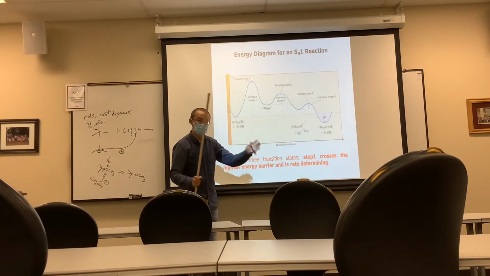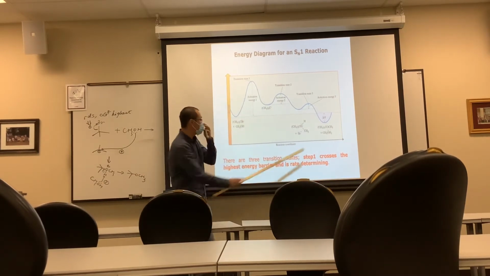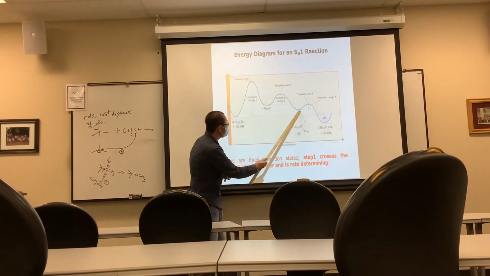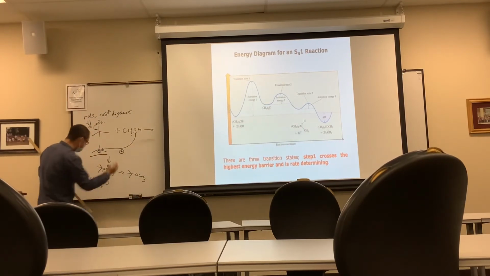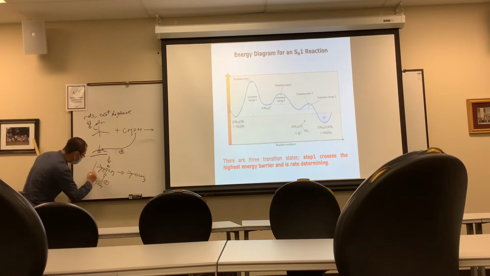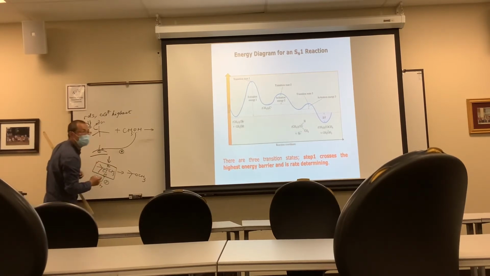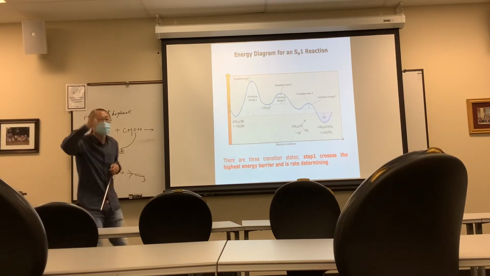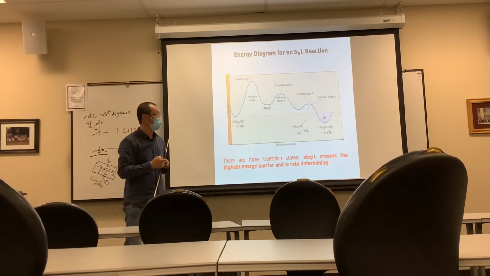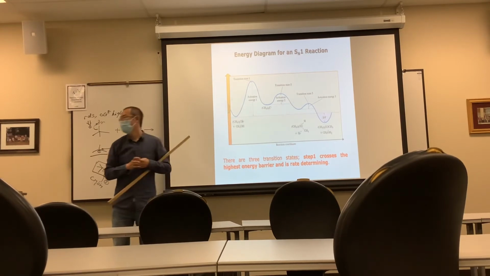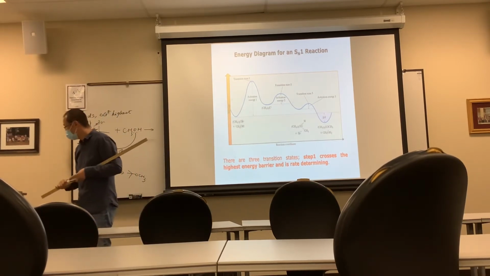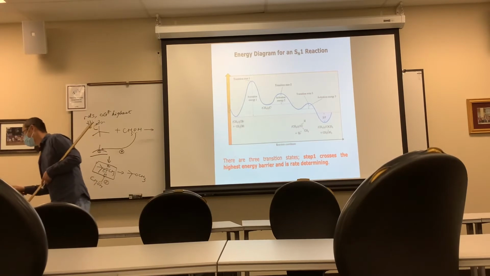Okay, don't get confused with transition state and intermediate. Of course, that's the product. These two, the carbocation here and the oxonium ion here, these two are intermediates. Intermediate means what? Something you got, but not the product yet. Does it make sense? These two are the mechanisms of SN reaction, nucleophilic substitution.